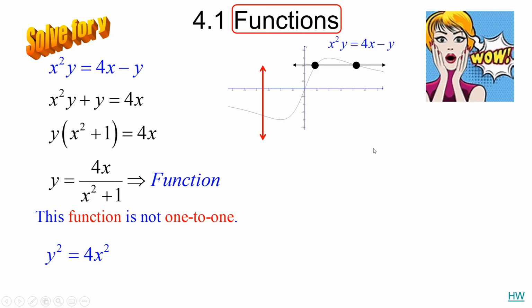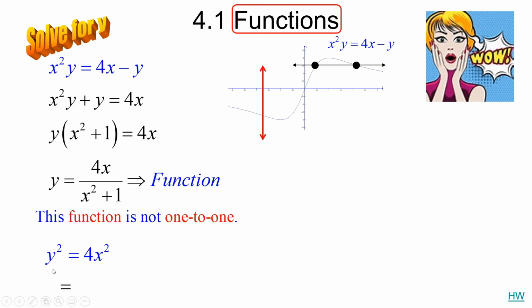Now, the next relation right here, y squared equals 4x squared. And notice how I called it a relation. It may be a function, but to determine that, I better solve for y first. Okay, so if I'm going to solve for y, I'm going to take the square root of both sides.